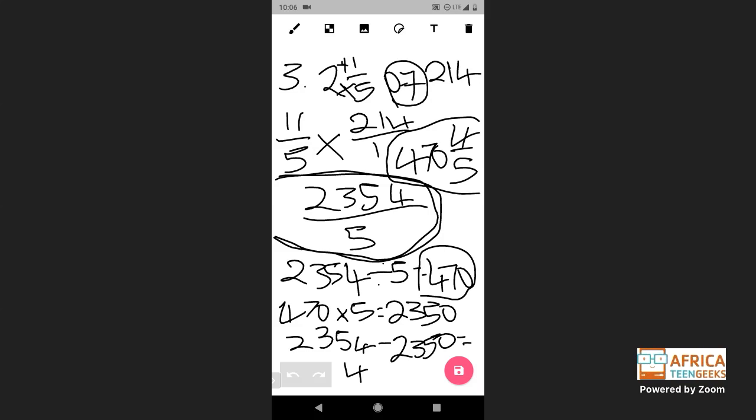So this will be our final answer, but we just need to write our answer in its simplest form, because you remember in your exercise 3, they said multiply the following and leave your answer in the simplest form. Okay, so let's move on to the next question.